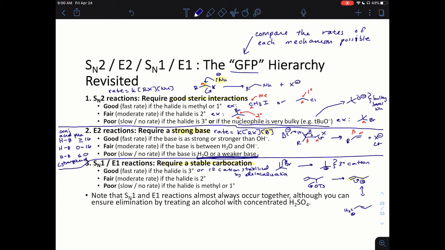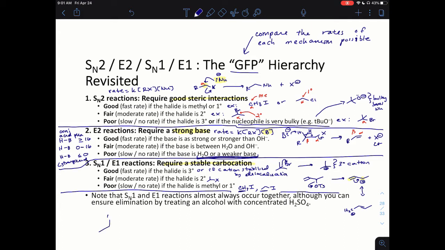You will have a fair SN1/E1 if your halide is secondary, because that will lead to a secondary cation, and then a slow or no SN1/E1 if you have a methyl or a primary, because these will form methyl cations and primary cations, which are just not stable. So you won't see any SN1/E1 for those.